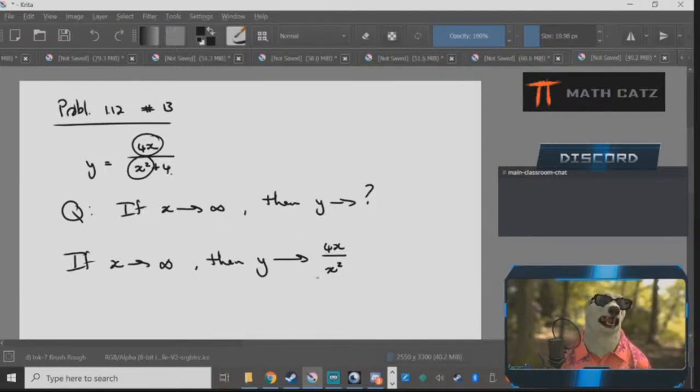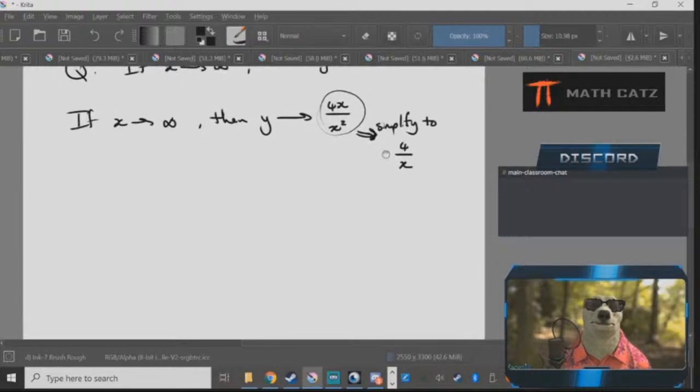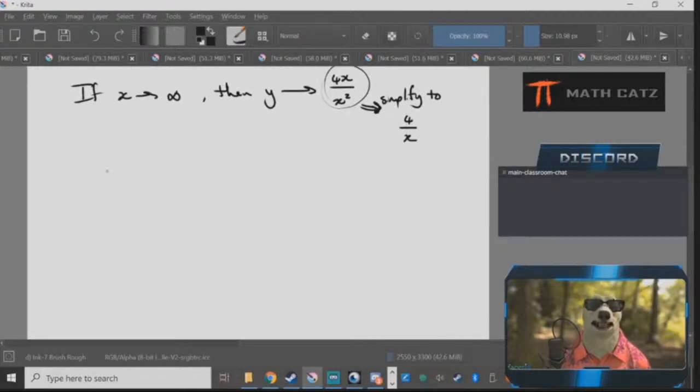Now this can simplify to, let's simplify it. Simplify, sorry, that was an arrow too, right? Let's make a different arrow, double arrow. Double arrow doesn't have meaning for us right now here. Simplify to 4 over x. I have one x at the top, two x's at the bottom, so I'm going to be left with an x at the bottom, unfortunately. Okay. However, that's not a big deal. I simply have to look at the behavior of 4 over x.